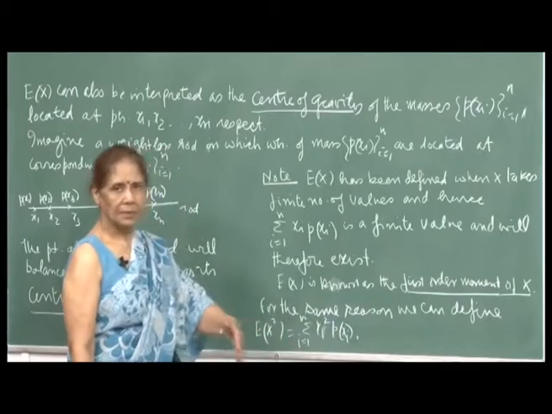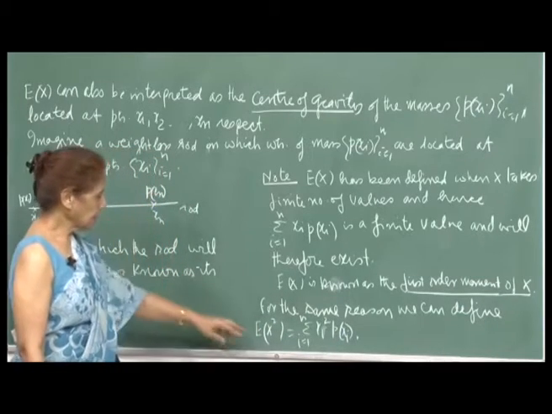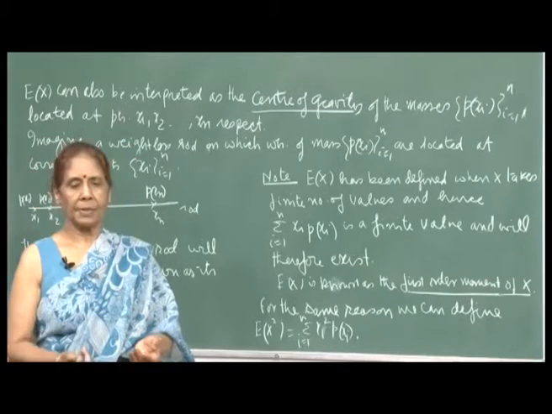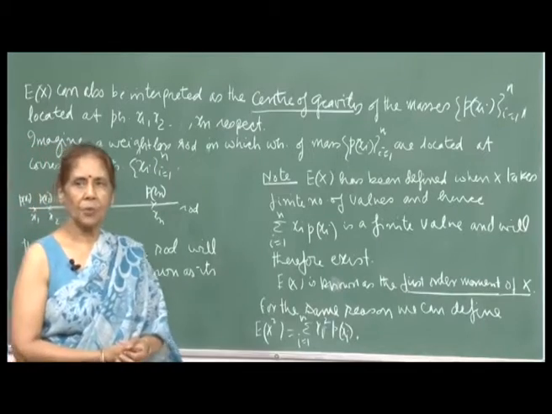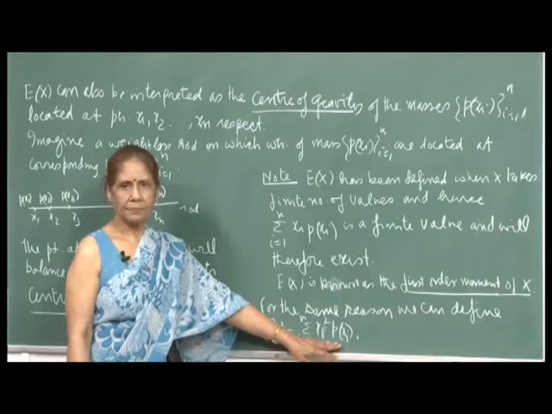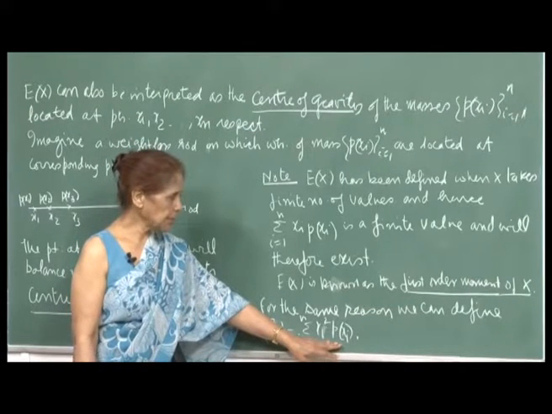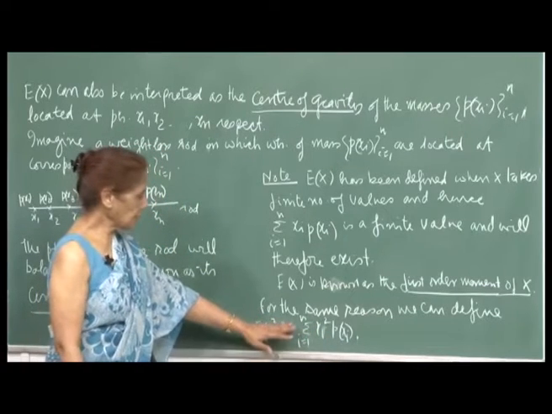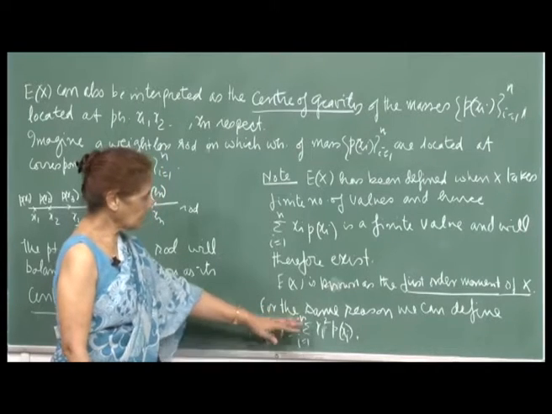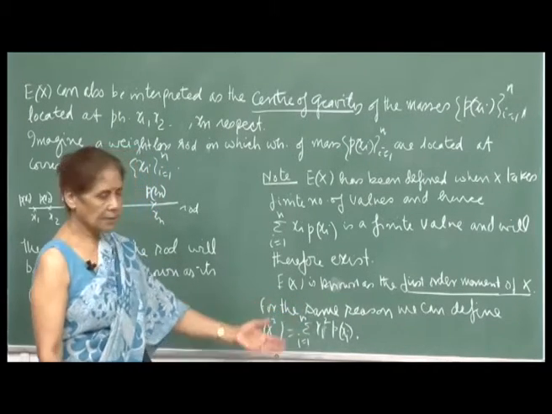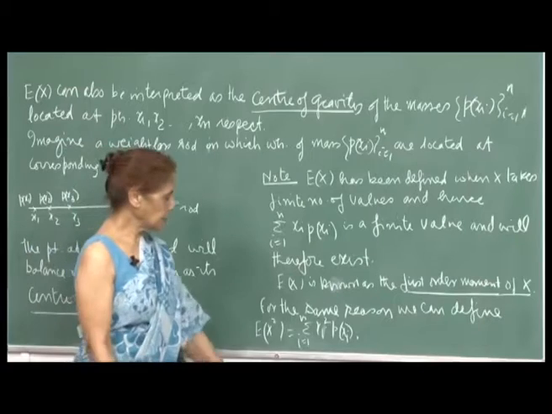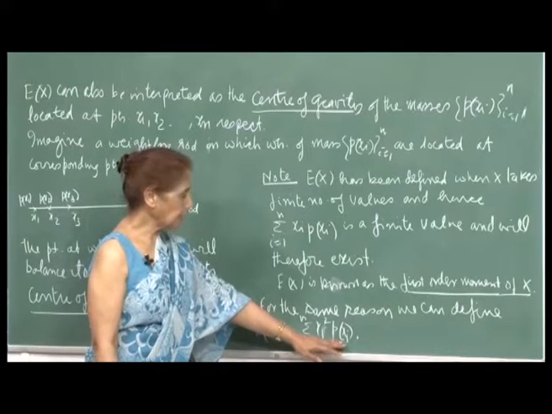That means, if I take cX plus dY for random variables X and Y, then I will be able to write the expectation of cX plus dY as c times the expectation of X plus d times the expectation of Y. Because of this summation, wherever I am using the linearity of expectation, I am doing it in the scenario when X takes finite or countably infinite values, wherever the summation is a finite number.